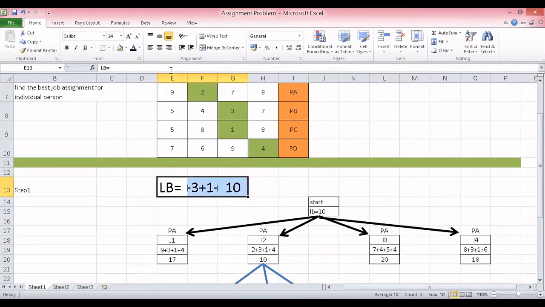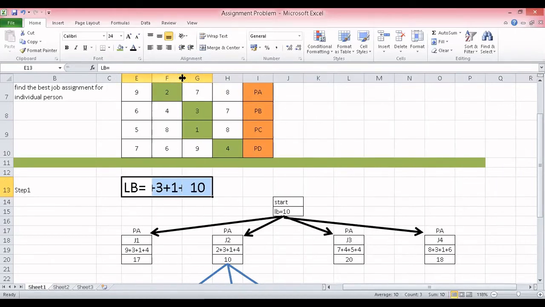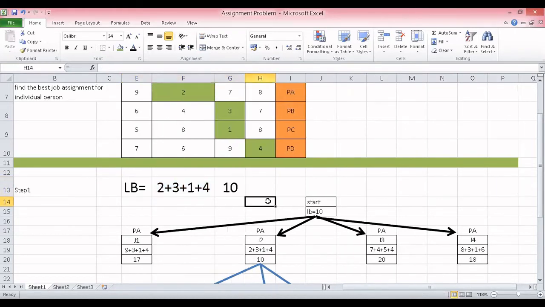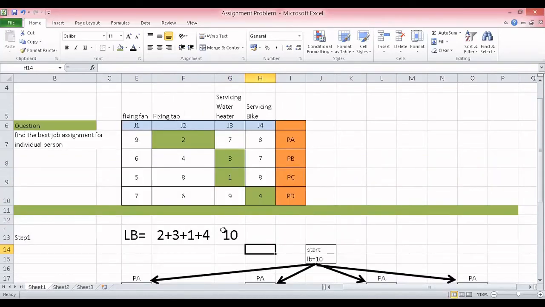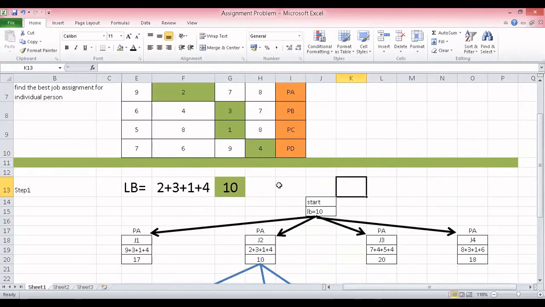This is the sum. The sum comes out to be 10. Person A's minimum demand is 2, person B's minimum demand is 3, person C's minimum demand is 1, and person D's minimum demand is 4. So this is the lower bound. The lower bound value has come out to be 10.